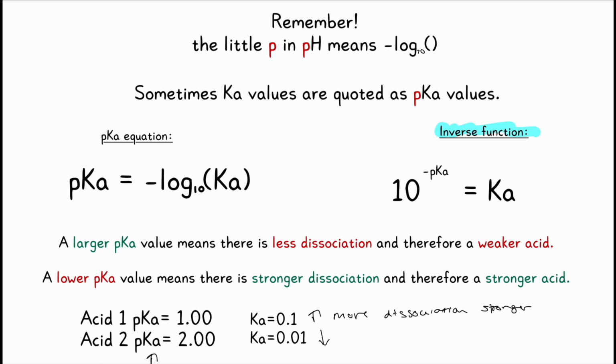This little example just emphasizes why that's the case. If you have a lower pKa value, you'll get a higher Ka value, meaning it's a stronger acid. So the numbers work like this just because of the use of logs. If you're a maths person and enjoyed the understanding behind it, that's the reason why.